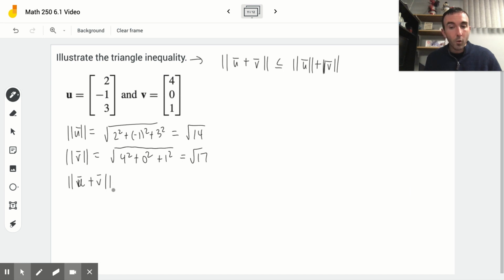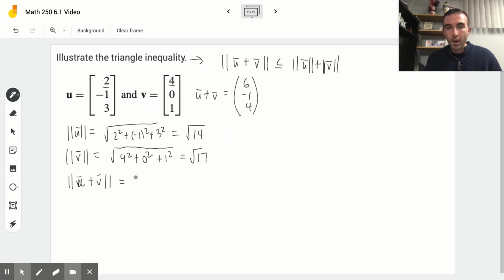So for the norm of u plus v, I think it's best to first add them together before we go ahead and do the math. So if I want to just write out a vector that contains the sum, simply add up component by component. So 2 plus 4 is 6, negative 1 plus 0 is negative 1, 3 plus 1 is 4.